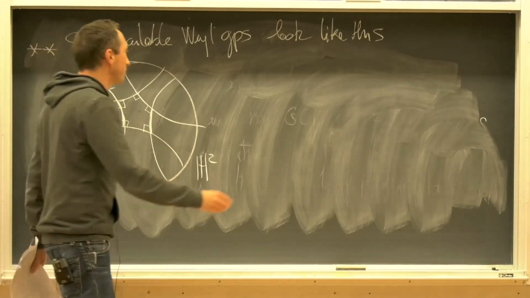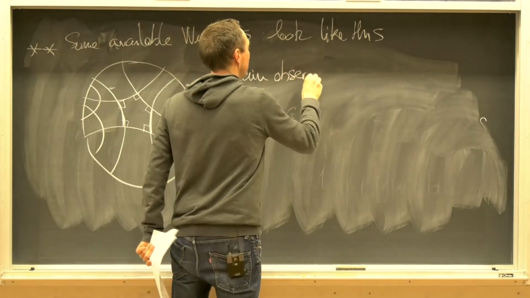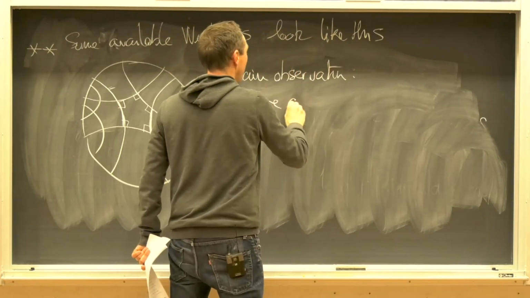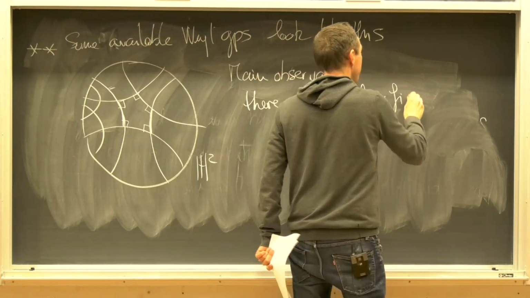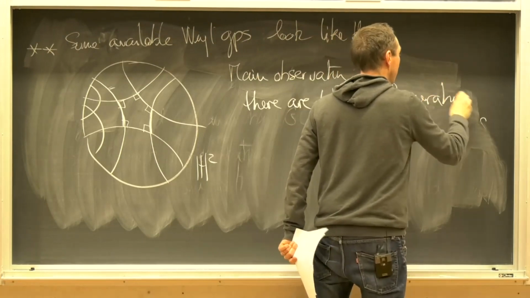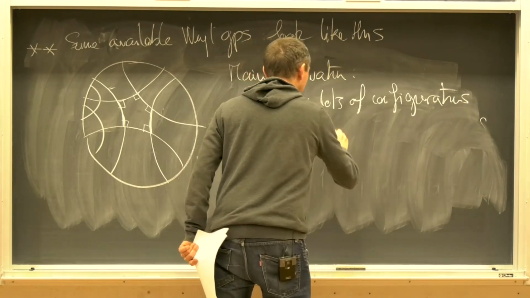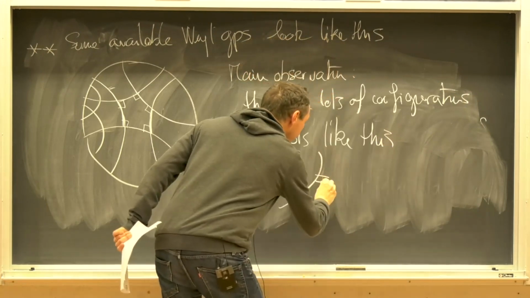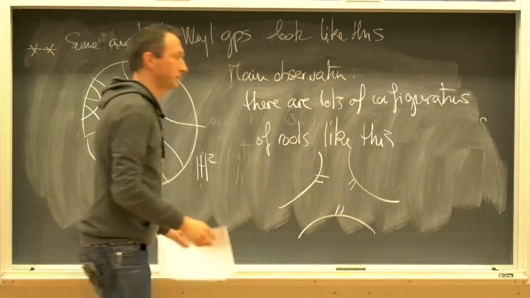And in this case, the main observation is the following. There are lots of configurations of roots like this. I have a root here, I have a root here, and the third one here.